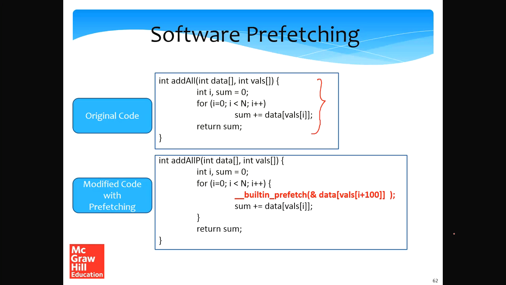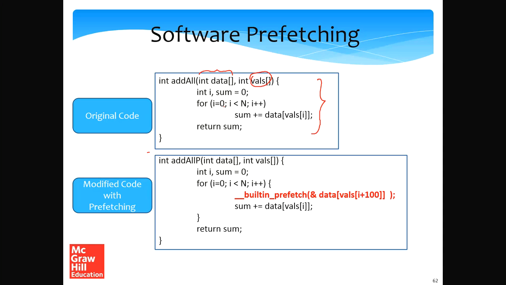In this particular function, we consider a data array and an array with the indices called the array vals. We iterate through each and every entry of the vals array. We assume that there are n entries, where n is a predefined global constant.